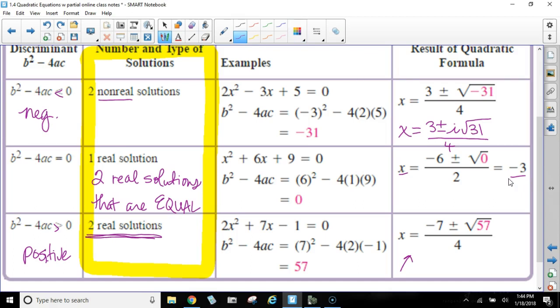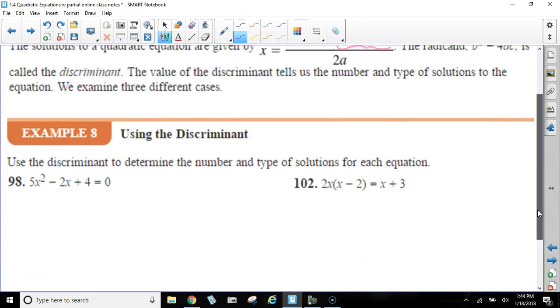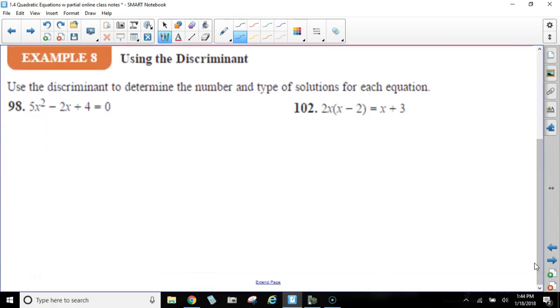So backing up just a little bit to look at the example, we are going to use the discriminant to determine the number and the type of solutions for each of these equations. Okay, our A value in this equation, this is already organized for us, is going to be 5. The B value is -2, and the C value is +4.